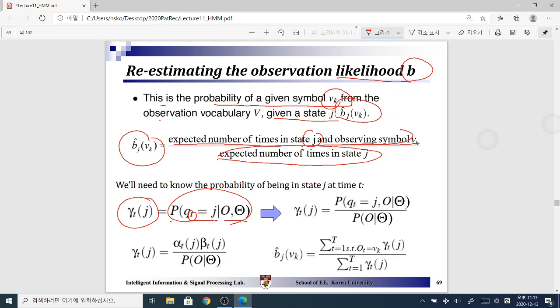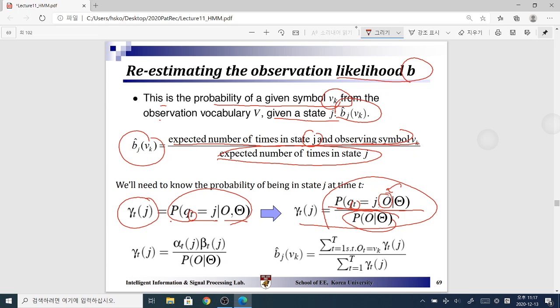Now this can also be described, just like the way we've done it for the transition probability, by putting the observation as part of the joint probability. So the numerator would be the probability of the state being j at time t, jointly with the observation sequence, and then it is divided by the probability of the observation sequence.